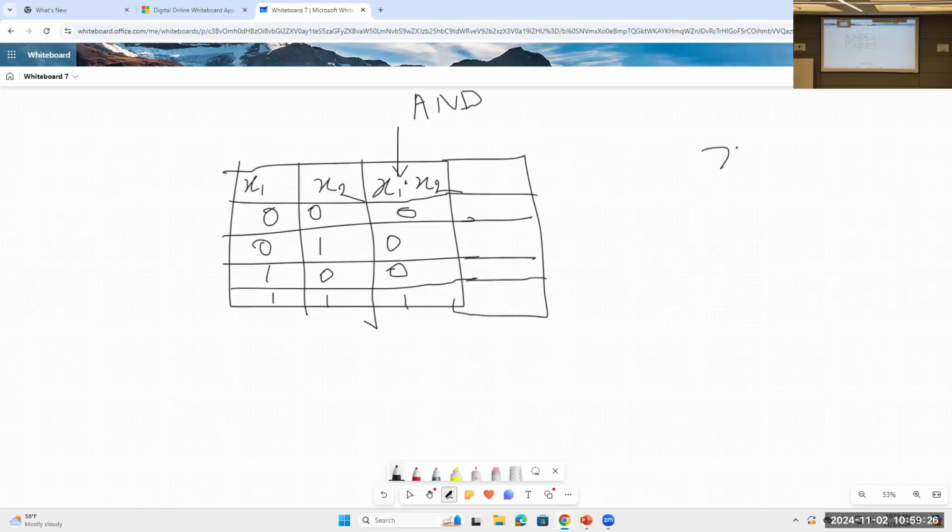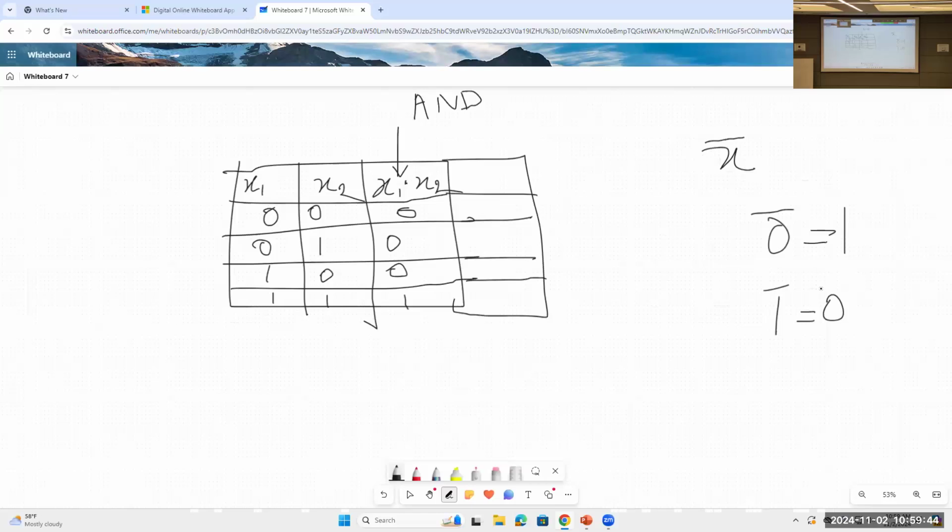Do you remember, in the first section of this lecture, I showed you a representation of a bar? Bar means the inverter, right? 0 bar means 1, 1 bar means 0.